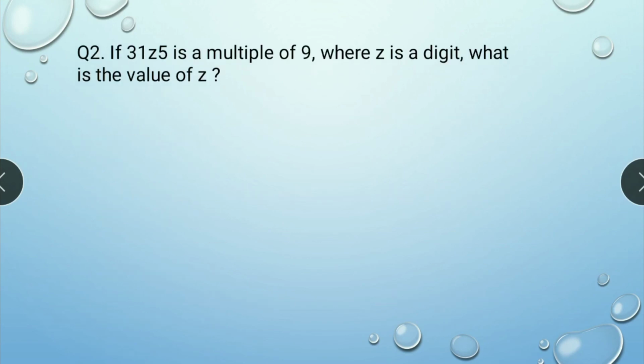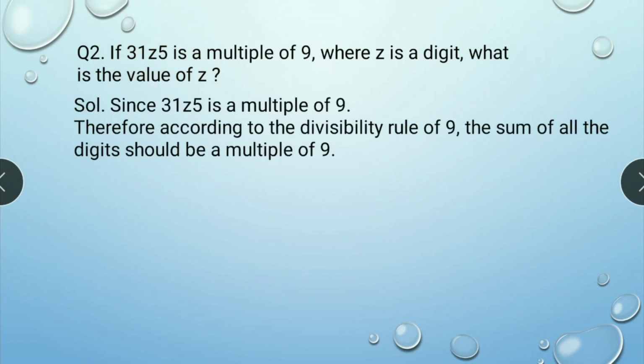See, here again we have a question: if 31z5 is a multiple of 9, where z is a digit, what is the value of z? Clear? Again, this is a multiple of 9. So we will follow the same pattern.